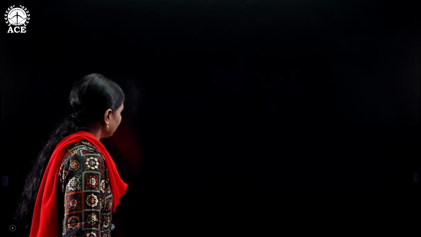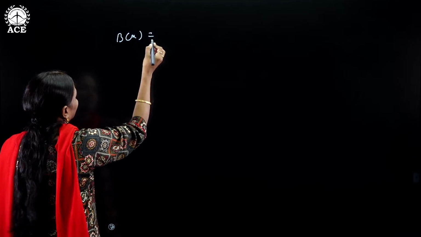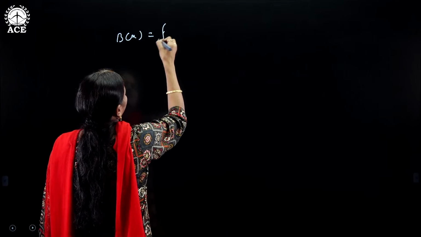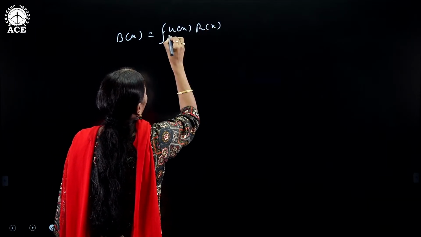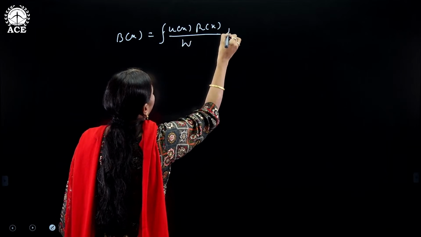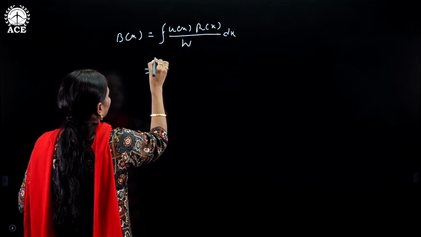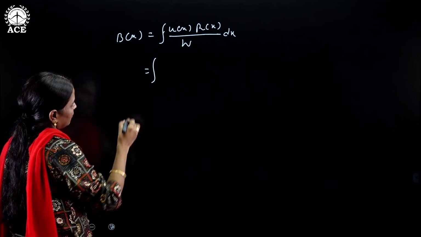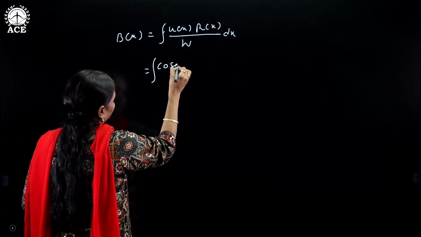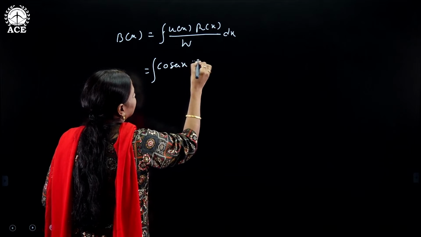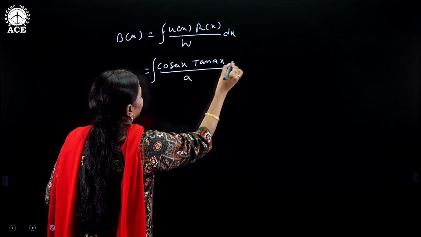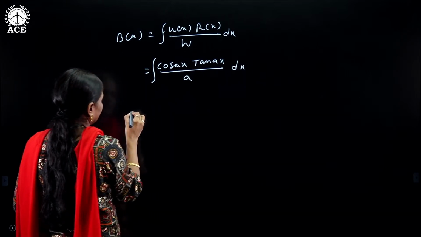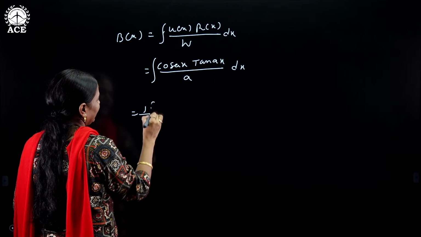So what is the B formula? To find the B of x, we have the formula: integration of u of x into r of x by W into dx, which is equal to integral. What is the u of x? Cos ax, into r of x is tan ax, W is equal to a, into dx, which is equal to 1 by a into integration of.